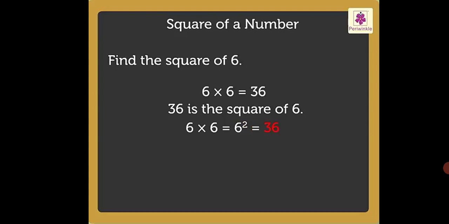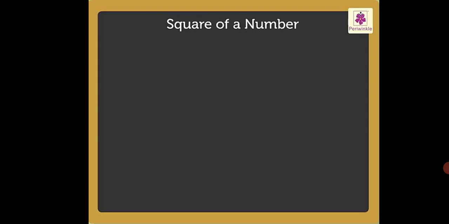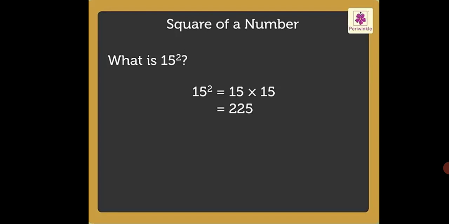That means 6 square equals 36. Next, what is 15 square? 15 square equals 15 into 15. 15 into 15 equals 225. Therefore, 15 square equals 225.